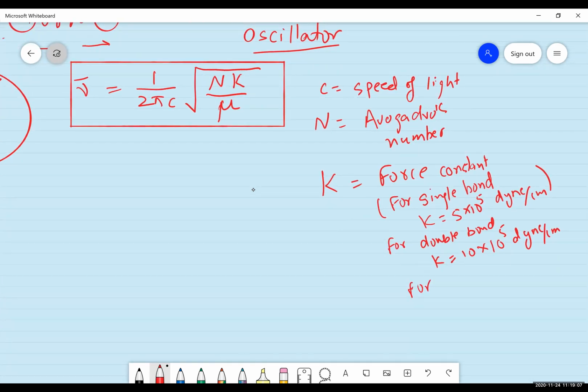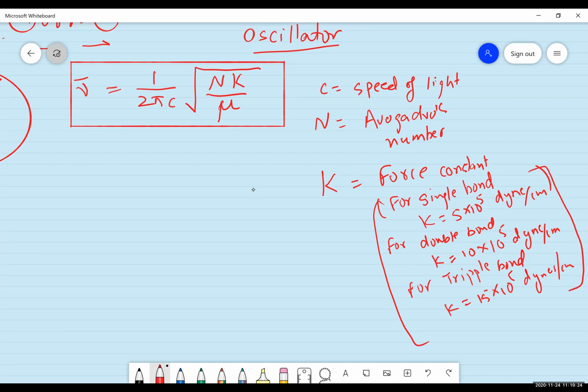And for a triple bond, any guesses what will be the value of K? 15 times 10 to the fifth. Yep. So 2 is constant, pi is constant, c is constant, and N is also constant. K is a sort of a constant, but it varies if your bond is double, single, or triple.